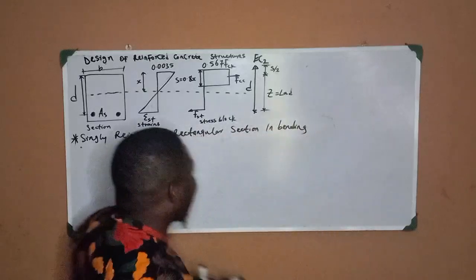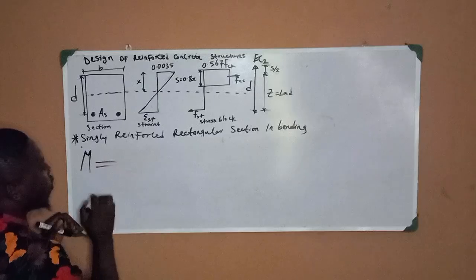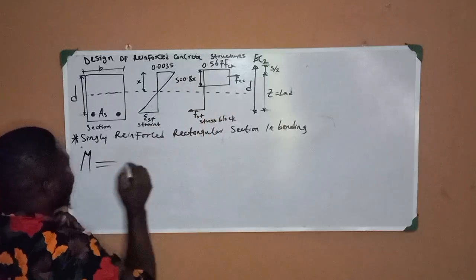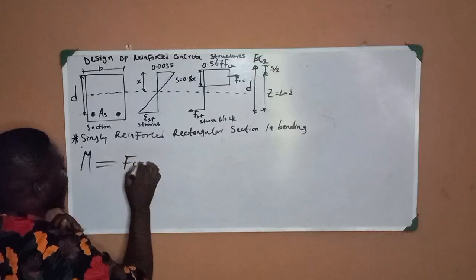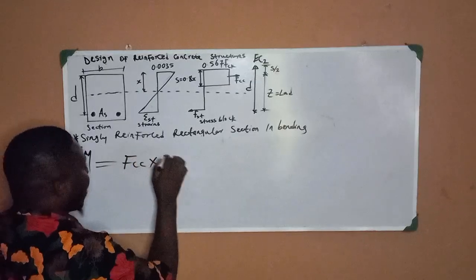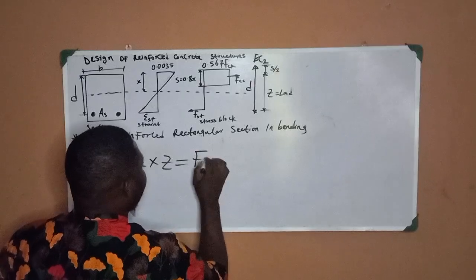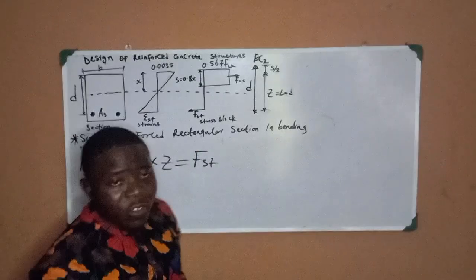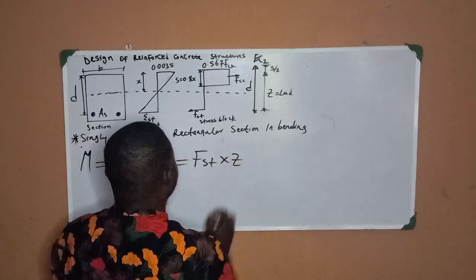I have my M will be equal to the force acting on the compression section, which is the FCC, multiplied by your lever arm Z, and is also equal to the FST, force on the tension zone, multiplied by that same lever arm Z.